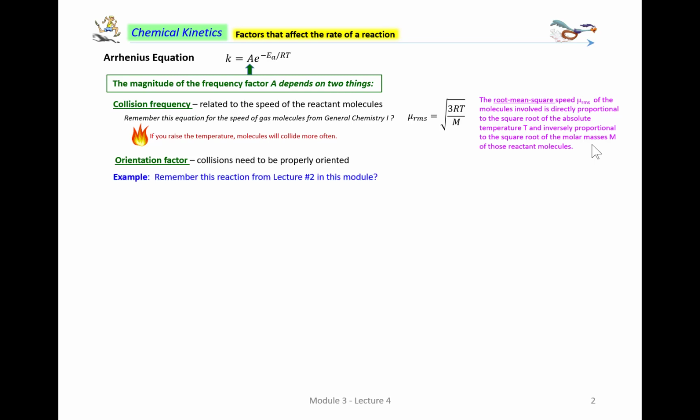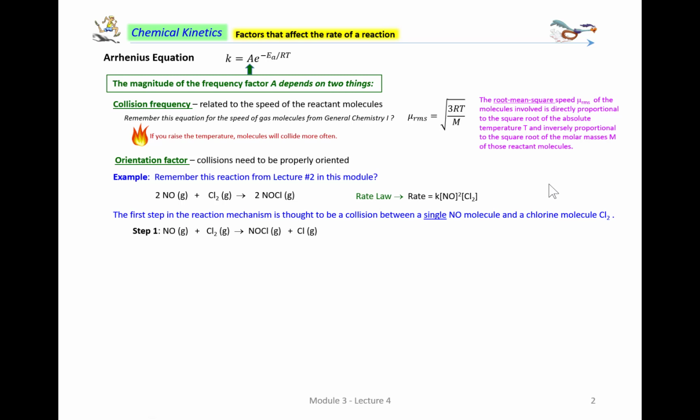Now, if you recall this reaction from lecture 2, where we had NO reacting with chlorine to form NOCl, we found the rate law was equal to k times NO squared times chlorine.